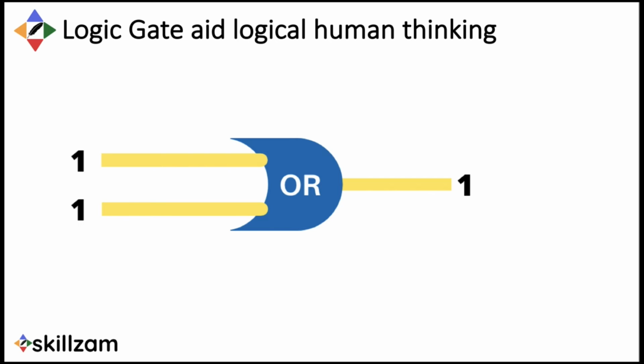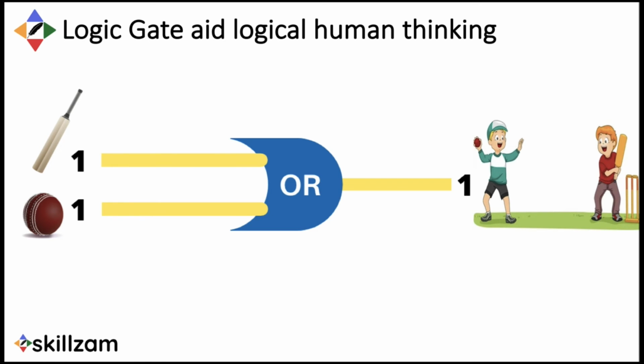An example shows one wire next to the bat and another wire next to the ball. Both wires go through a gate that says OR, and the output wire is next to the folks playing the cricket sport. If I know to bat or I know to ball, then I can play cricket.